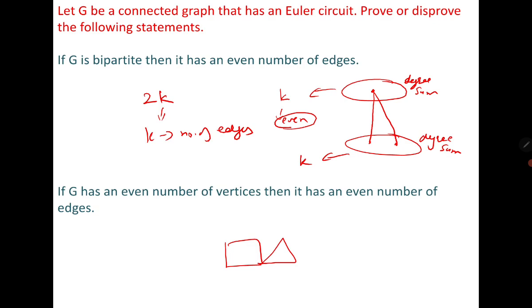You can see the graph is Eulerian because all the vertices have even degree. Now the number of vertices is 6, 1, 2, 3, 4, 5, 6, but the number of edges is 7, 4 in C4, 3 in C3. So you can see that it may not have an even number of edges, and the result is false.